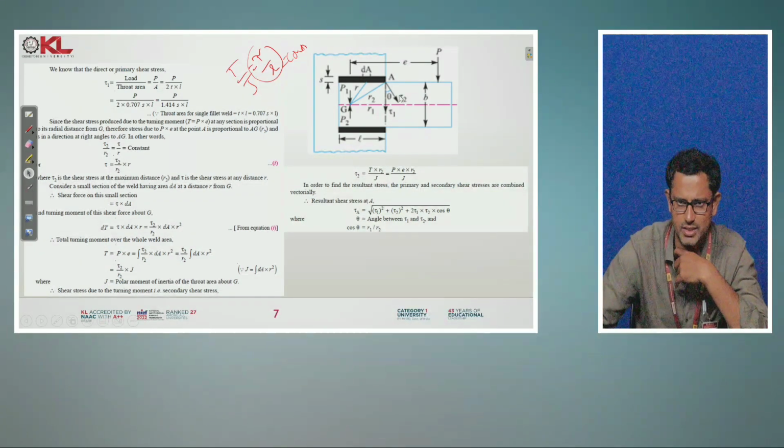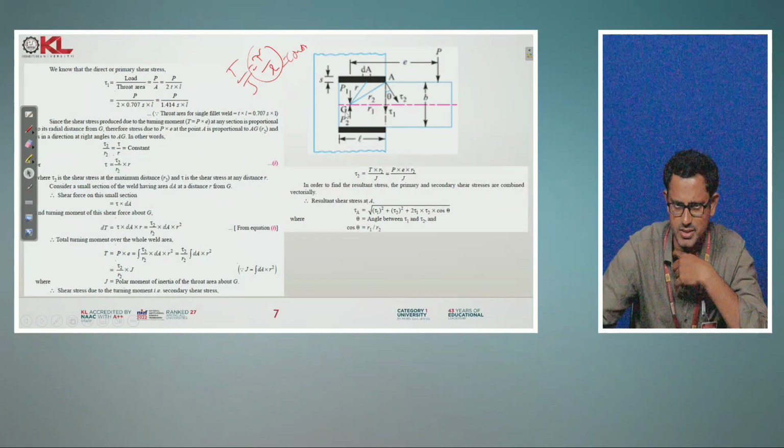Because the secondary shear stress developed at any section is directly proportional to the distance of the throat to that weld cross section.